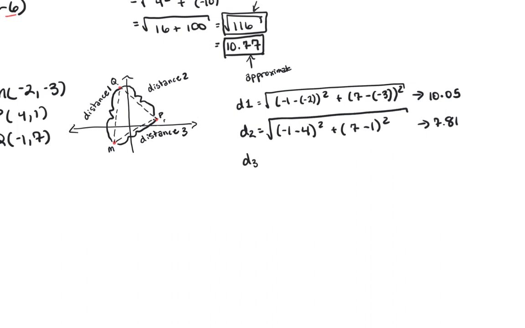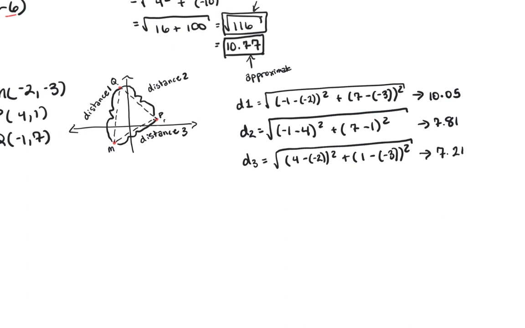So now we'll do that same thing for the third distance, which is our distance between M and P. So I'll do the difference of the 2 x's plus the difference of the 2 y's, and that will give us 7.21 roughly.